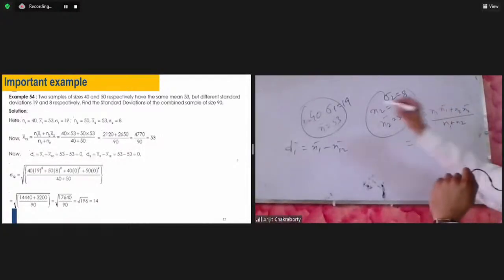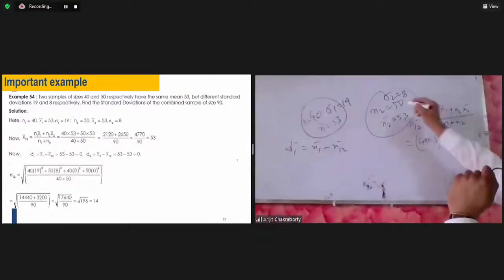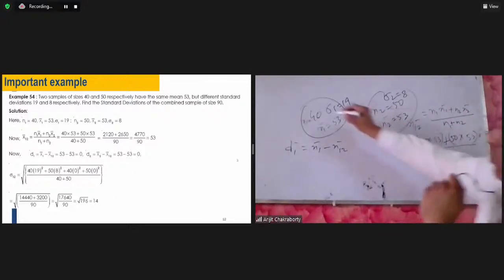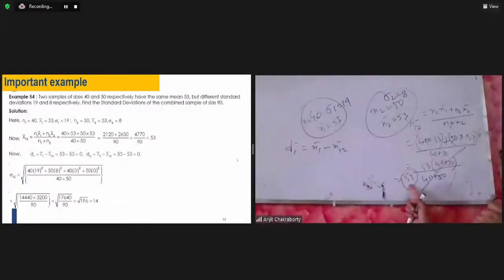This is equal to n1 is 40, 40 into 53, plus n2 is 50, 50 into 53. Both have the mean 53. Divided by 40 plus 50. So if you take 53 common, you have 40 plus 50, and in the denominator also you have 40 plus 50. So the mean we have got is 53.